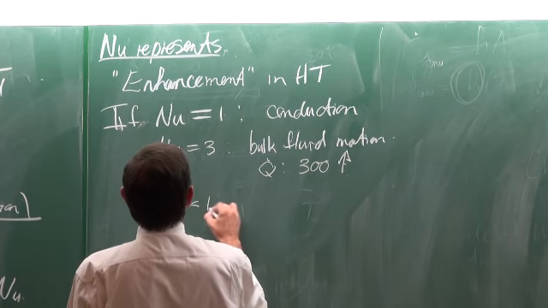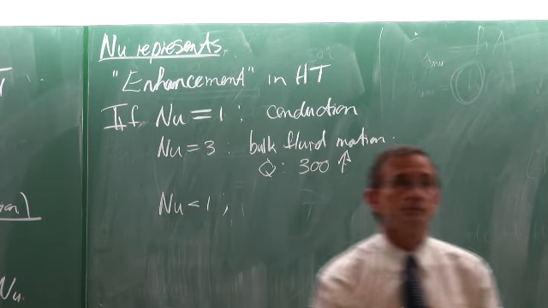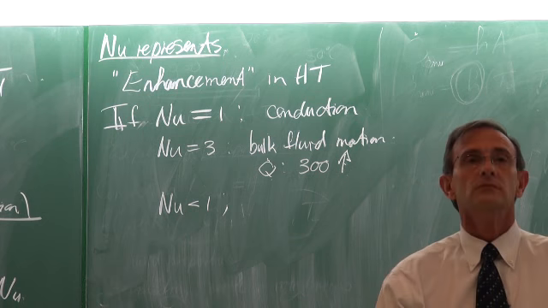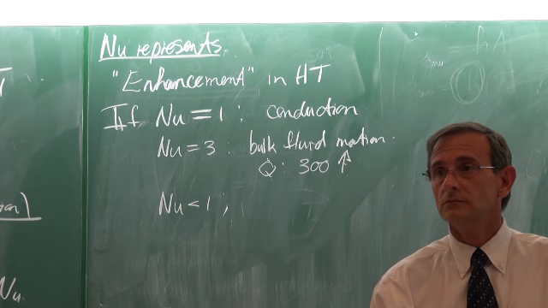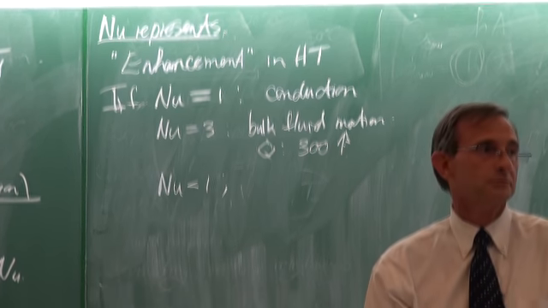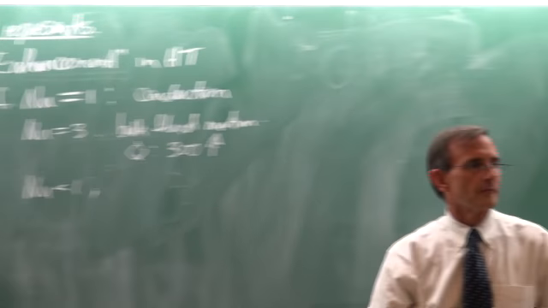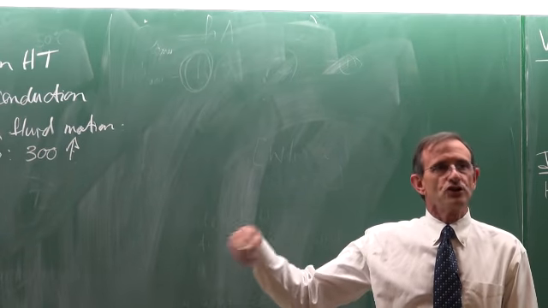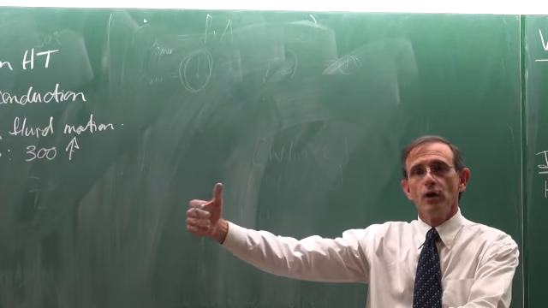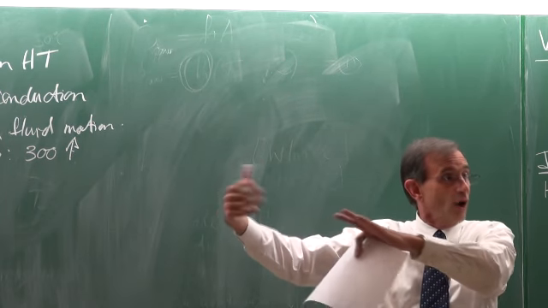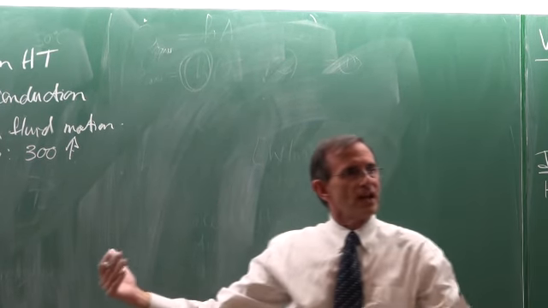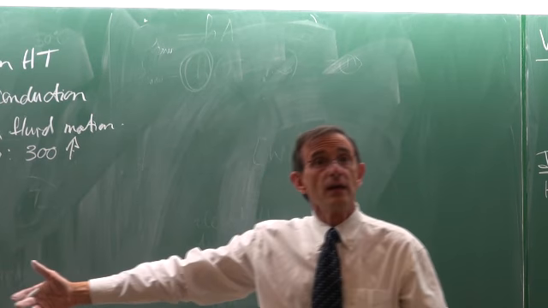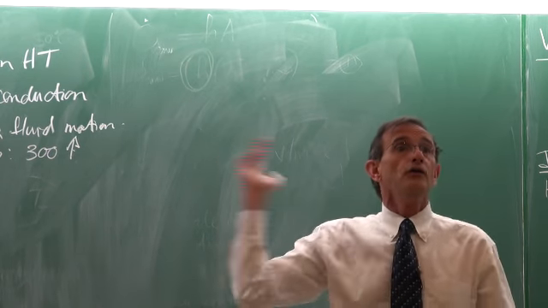What does it mean if the Nusselt number is smaller than 1? If it's 1, it's conduction. If it's more than 1, it is by how much it has been enhanced. That is what the Nusselt number actually means. If it's smaller than 1, it means you've made a mistake.